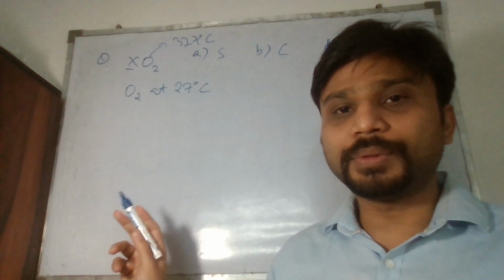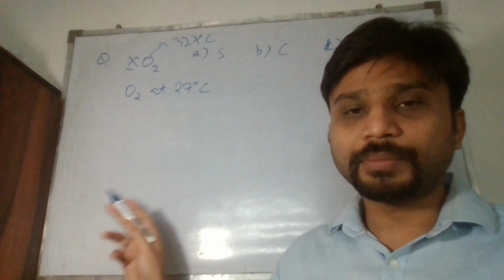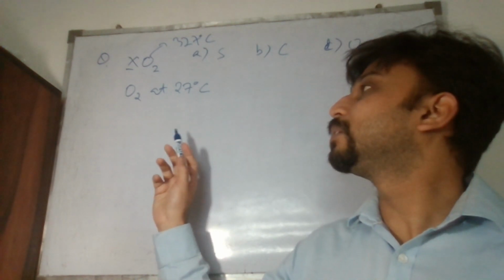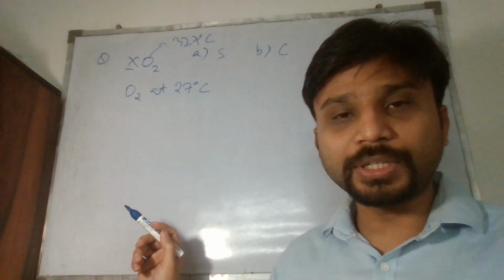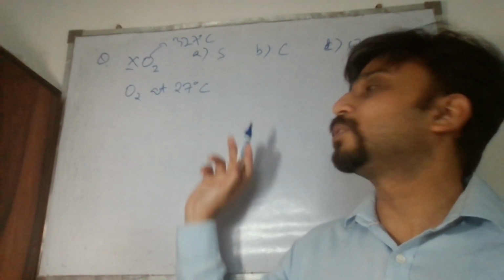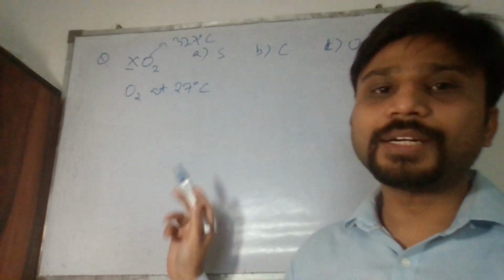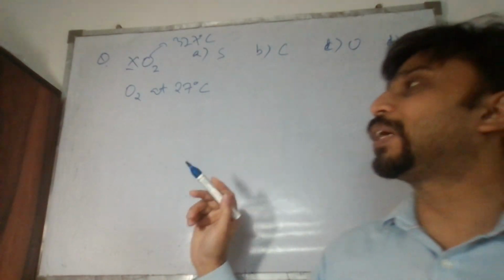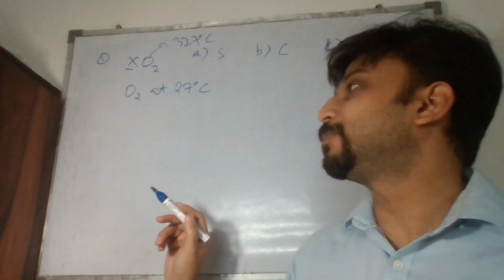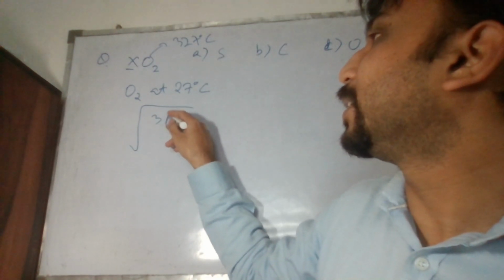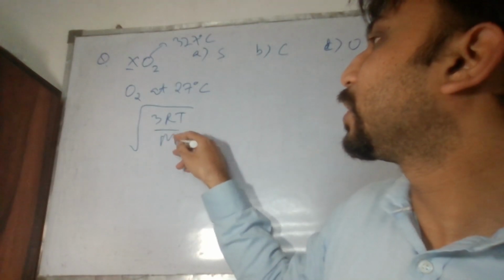Other was square root of 3RT by molar mass. So we are having temperature here. So we'll be putting the value of temperature in that equation and also the value of molar mass as well. So we'll say square root of 3RT by M.